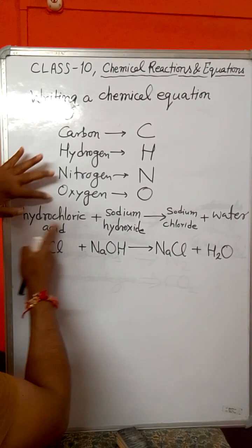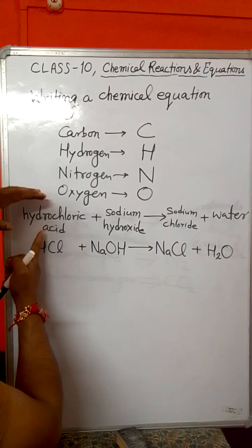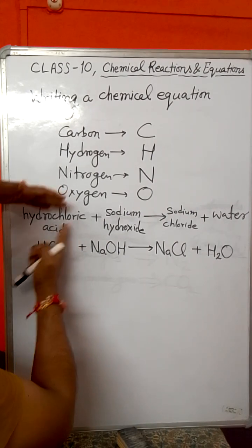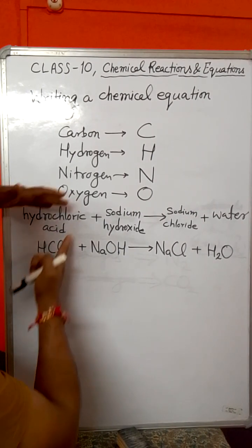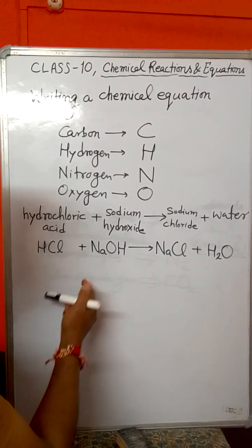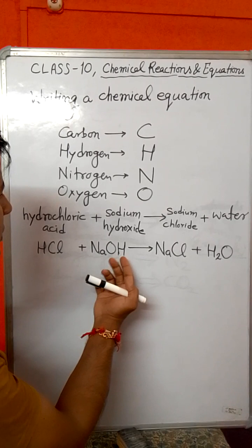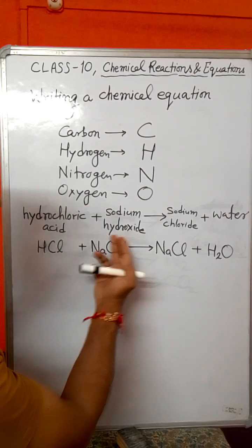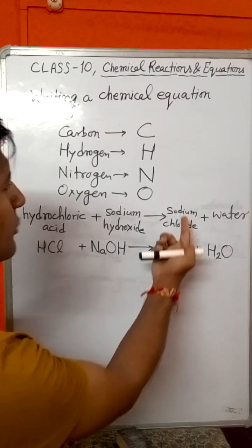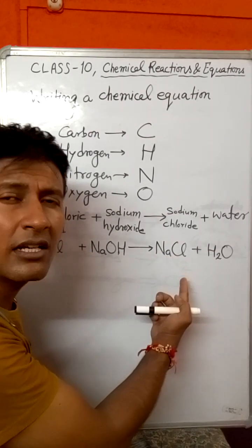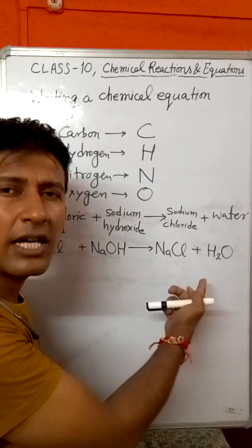Before that, hydrogen is denoted as H, chlorine is denoted as Cl, and sodium, of course, Na, and when OH is written, that represents hydroxide. Similarly, sodium chloride means NaCl, and water, of course, H2O.